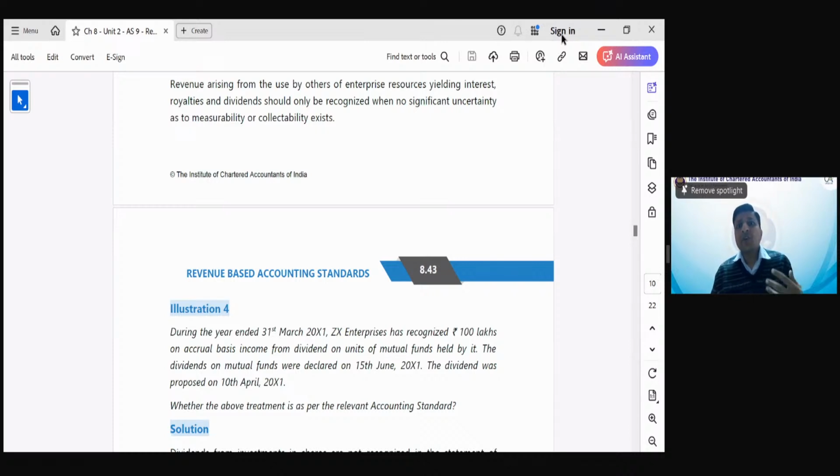Till it is approved by the shareholders, a right to receive that dividend is not established. So when should this dividend income be recognized? On 15th of June, not before that. Clear?